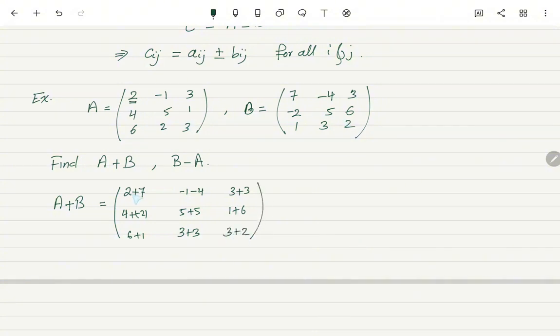As we can see here, we just added every element of matrix A with every element of matrix B. And this equals 9, minus 5, 6, 2, 10, 7, 7, 5, 5.